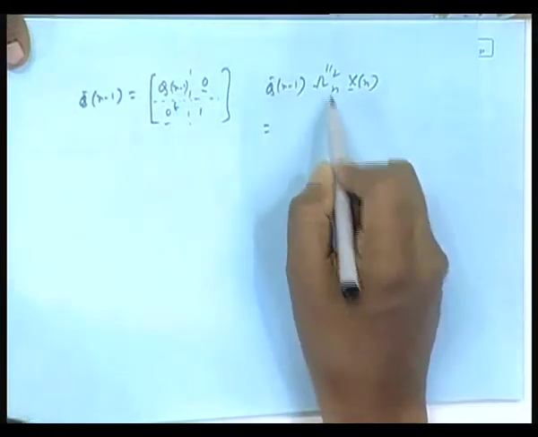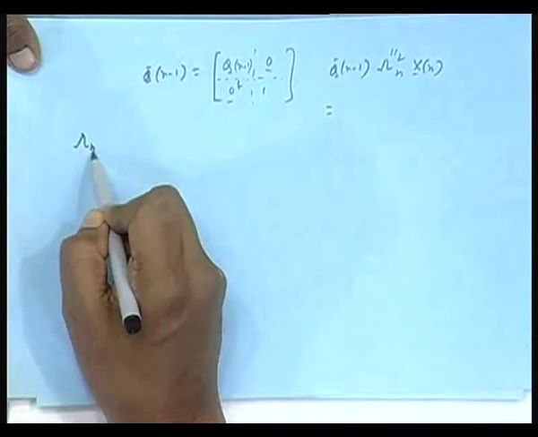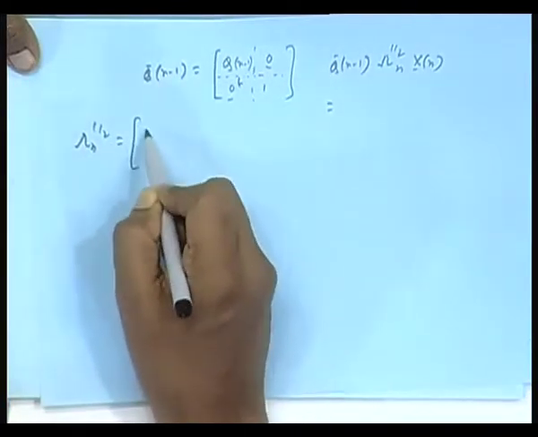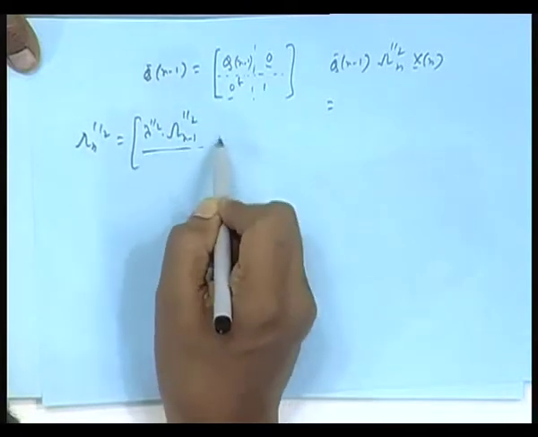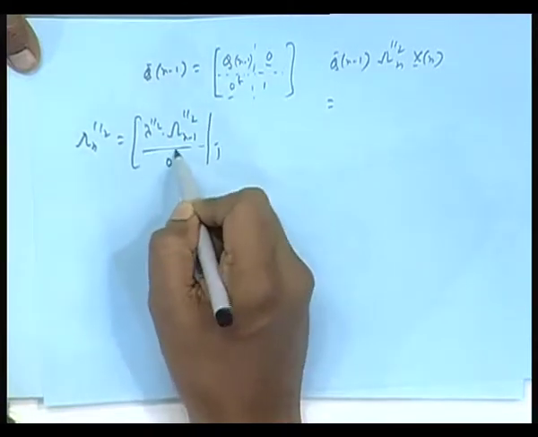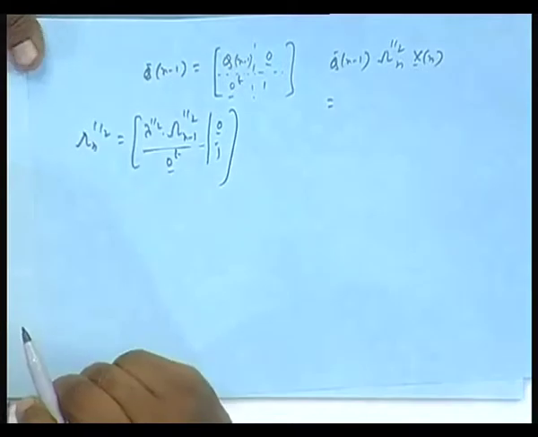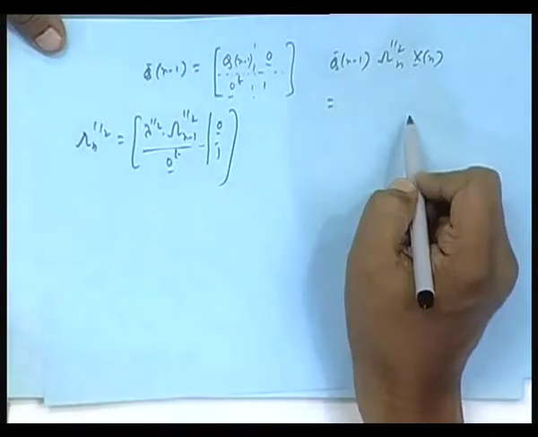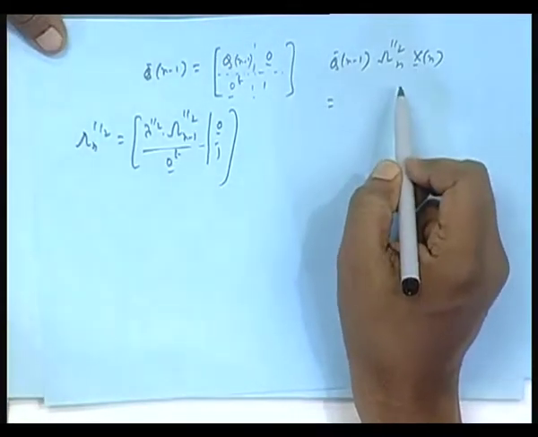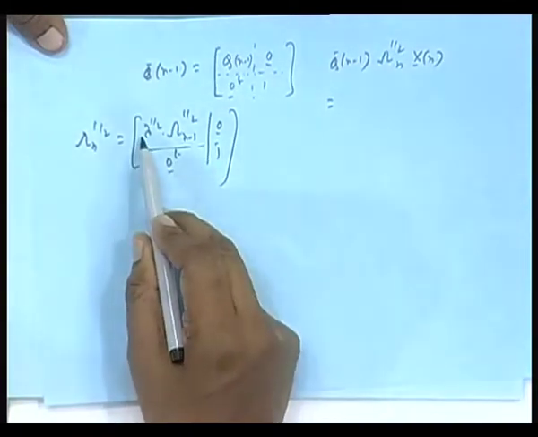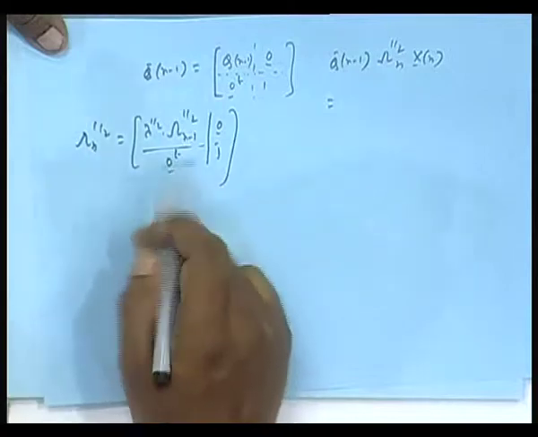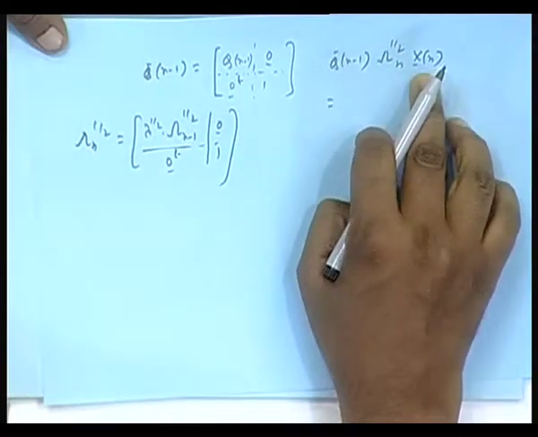this will be what? You know this is nothing but lambda to the power half into delta, isn't it? It is a diagonal matrix only, 1, square root lambda, square of that, square of that. So, if I take square root lambda out separately, this is this, and this matrix times this means what?